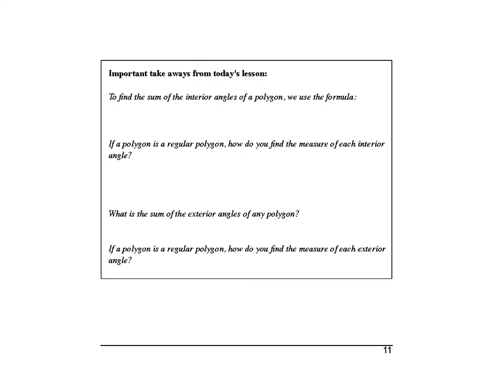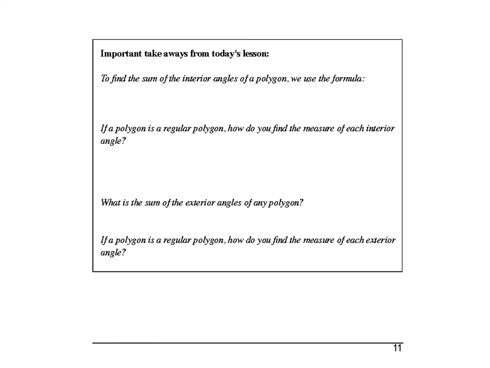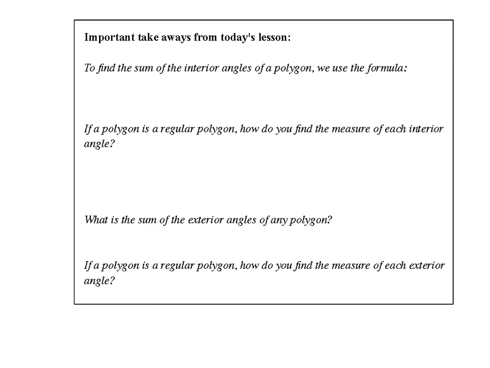Okay, this last slide is a good one to keep out when you go to do your homework and things like that, because it has all the formulas you need. So we've got, first of all, to find the sum of the interior angles of the polygon, what formula do we use? Okay, so we're talking just the interior angles, not each interior angle. All the interior angles together.